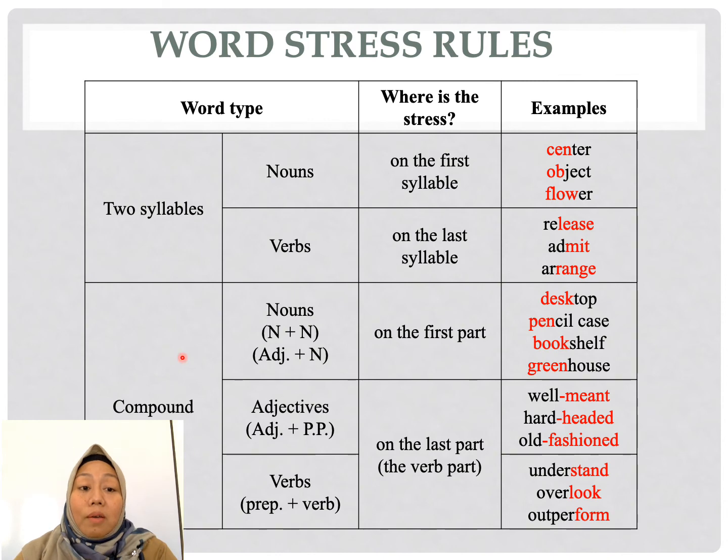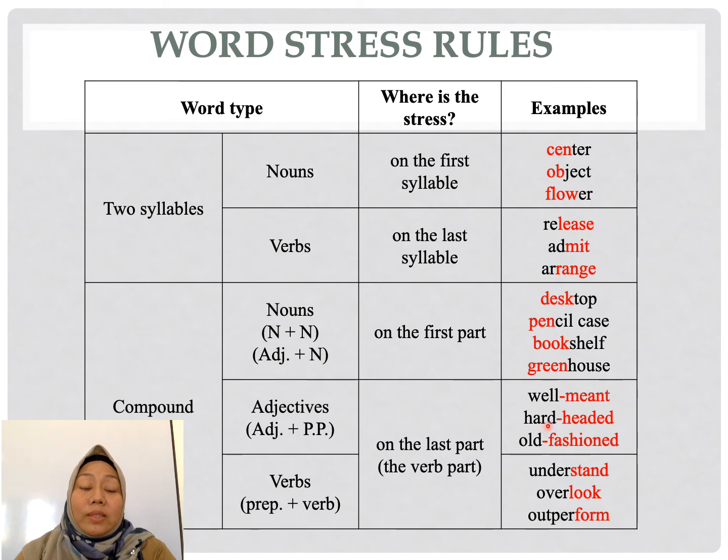If you have compound words, if they are nouns, noun plus noun or adjective plus noun, then the stress is on the first part. Desktop, pencil case, bookshelf, greenhouse.